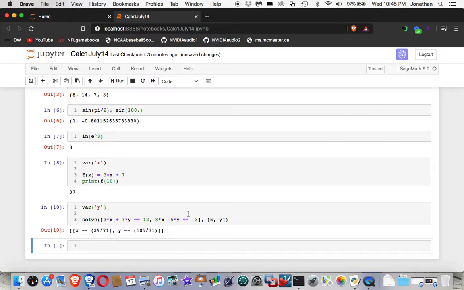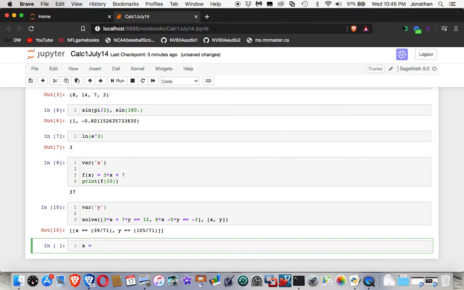There we go. Right, so what this says is that the simultaneous solution to 3x plus 7y equals 12 and 8x minus 5y equals minus 3 is x equals 39 by 71 and y equals 105 by 71. We can verify that quickly.